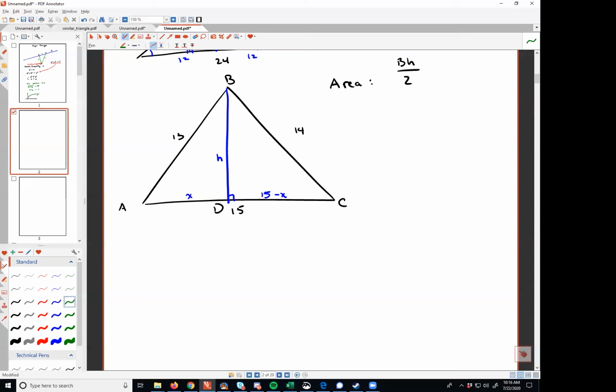What do we know that can help us write an equation? We know that x squared plus h squared equals 13 squared. Okay, what else do we know?